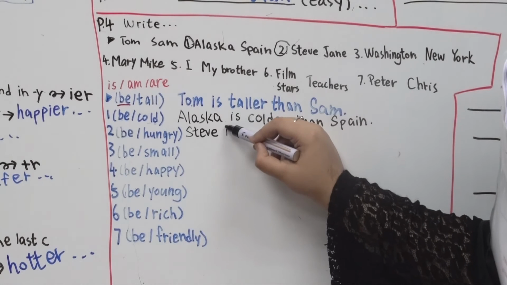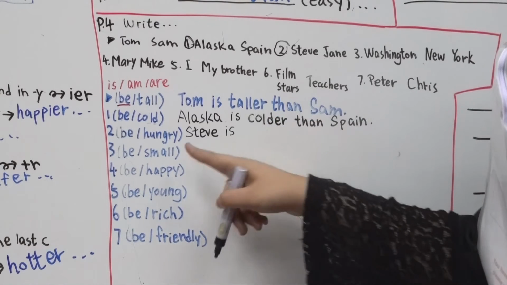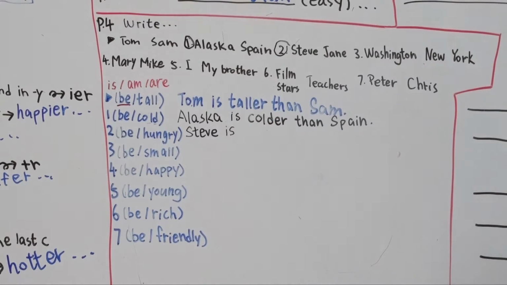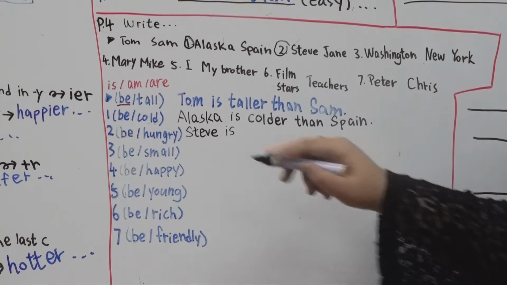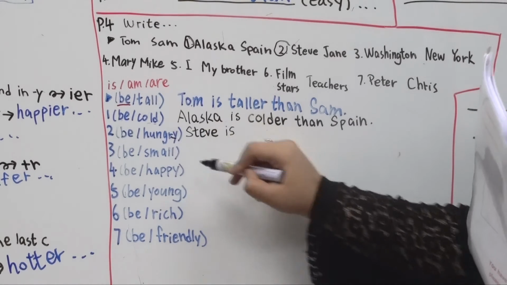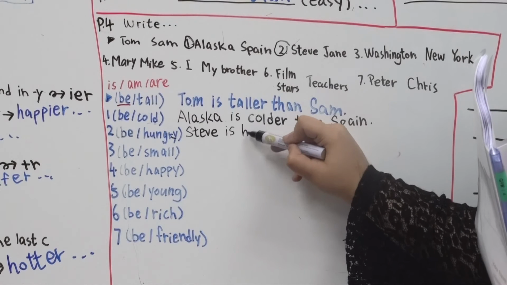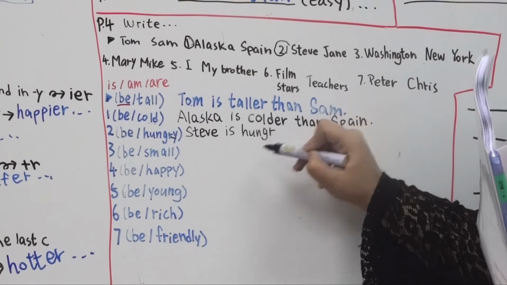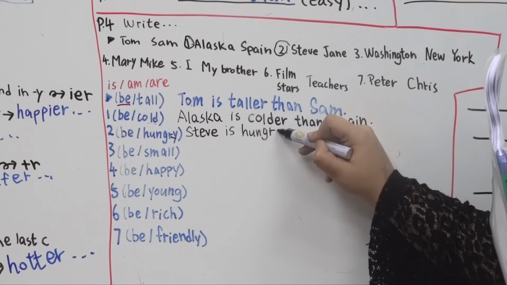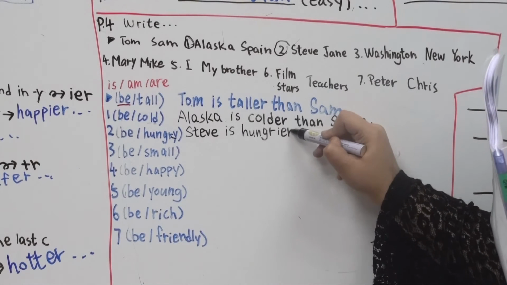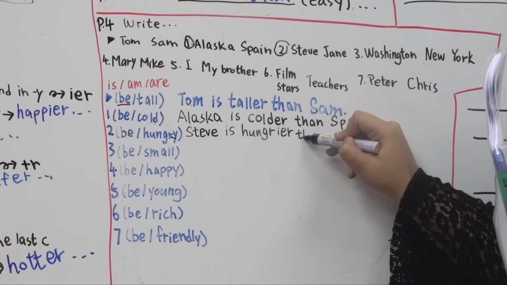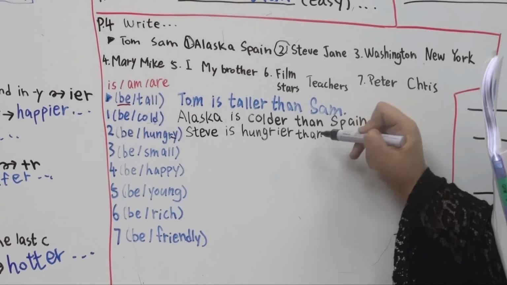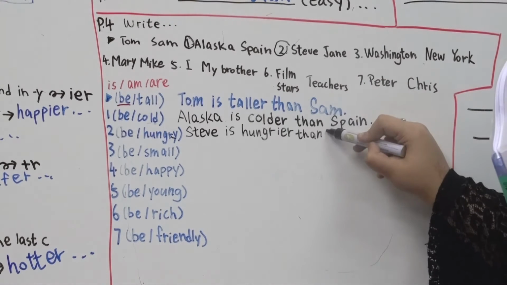Is, right? Hungry. Anything special in the adjective hungry? Yes, right? It ends with Y. So that's why we have to do something. What do we have to do? We have to cross out the Y, yes, and add IER. Great. Hungrier than Jane.